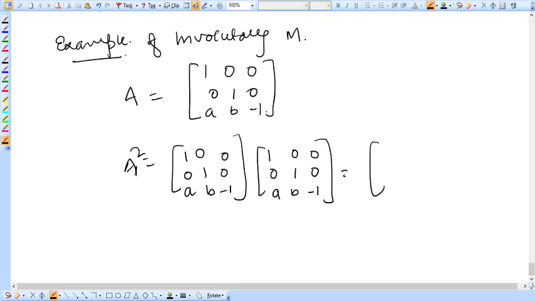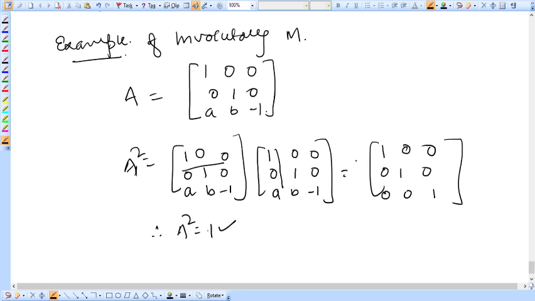On multiplication, in this way you will be getting 1 0 0, 0 1 0, 0 0 1, which is the identity matrix. Therefore A square is equal to I, and this matrix is an example of an involutory matrix, right?